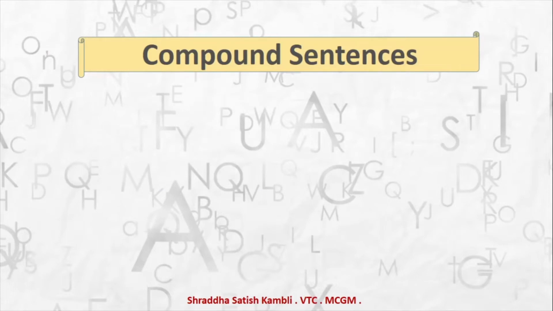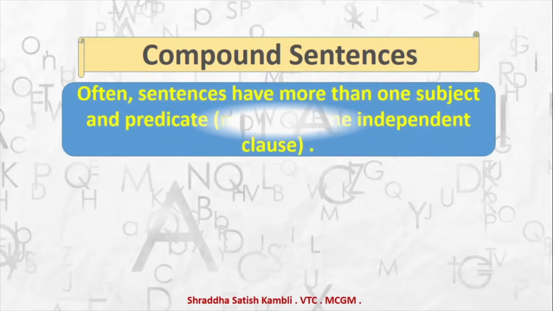Okay. Now we come to the next category of sentences. We will see the meaning of compound sentences. So what is the meaning of a compound sentence, children? Often sentences have more than one subject and predicate. That is, a sentence can have more than one independent clause. In short, it can have more than one simple sentence.